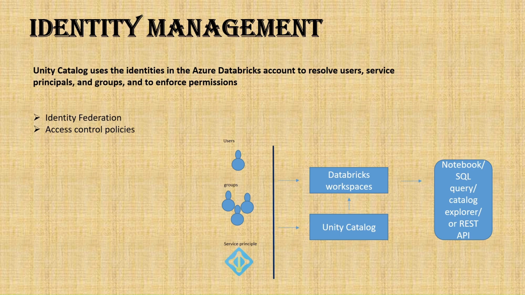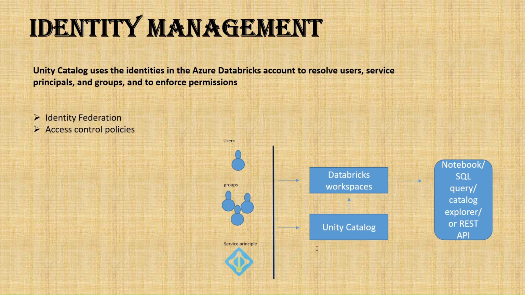The interesting fact is that collectively, users and service principals, we can create a maximum of 10,000, and groups we can create up to 5,000, right? There are two types of groups available in the Databricks area. One is account groups and the other is workspace local groups.